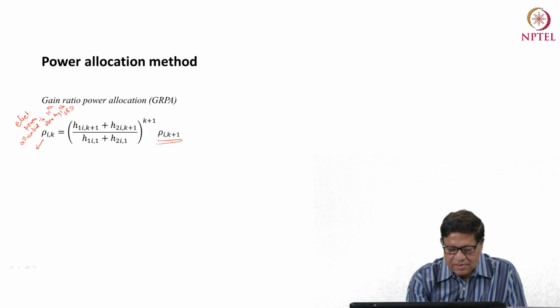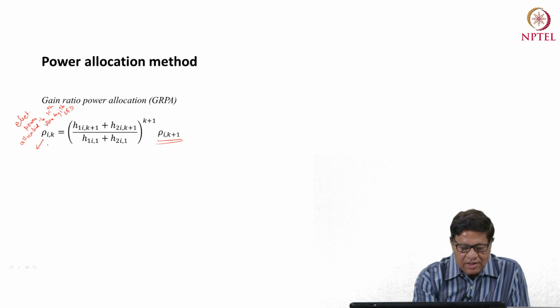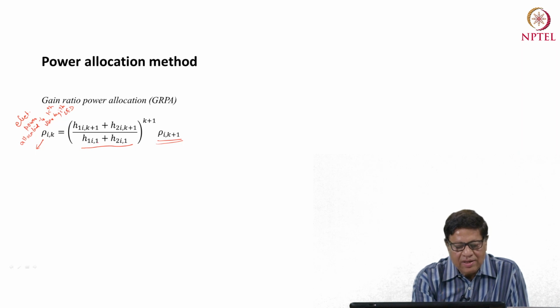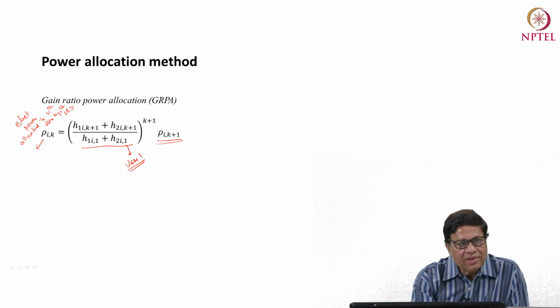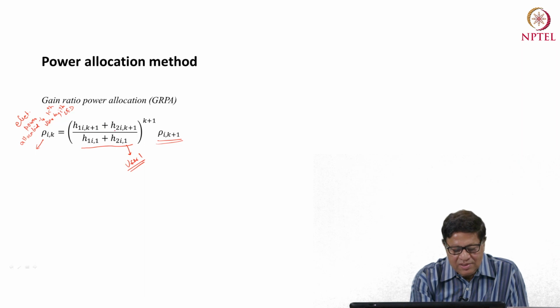And this is to the k plus 1th user, to the I. And the ratio is actually with respect to the first user. So you will find H1I1 plus H2I1. So this is for the user 1, this is with respect to user 1. And here you have H1I for the k plus 1th user, and similarly H2I for the k plus 1th user.